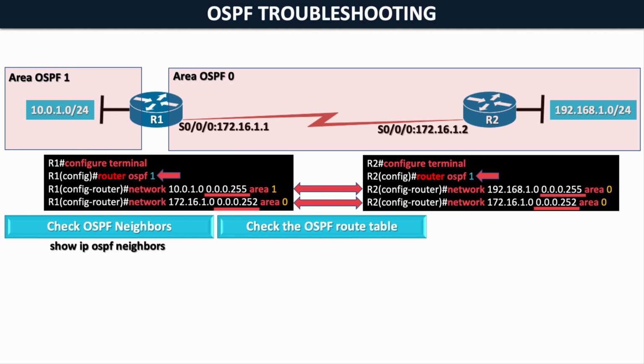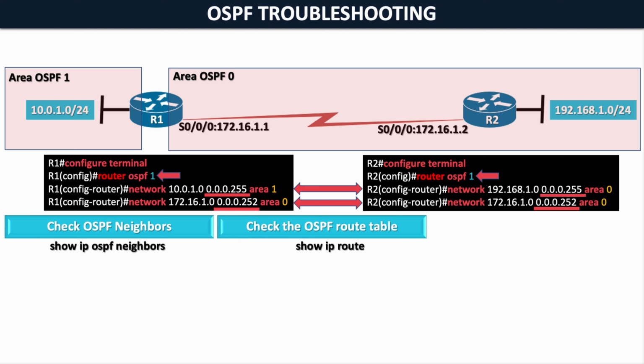The second troubleshooting component is the route table. If the adjacency between 2 routers is good, but by doing a show ip route, we do not see any OSPF route in the routing table, then we should check that there is not another routing protocol with a lower administrative distance, and therefore a priority, running on the network. Because if this is the case, the OSPF routes, not being a priority, will not be placed in the routing table.